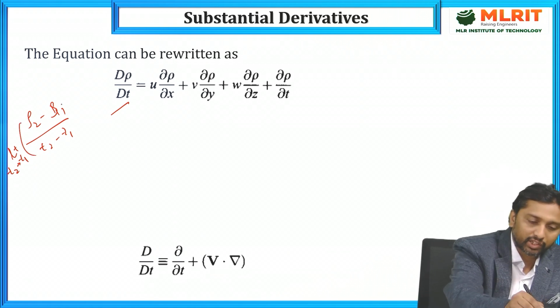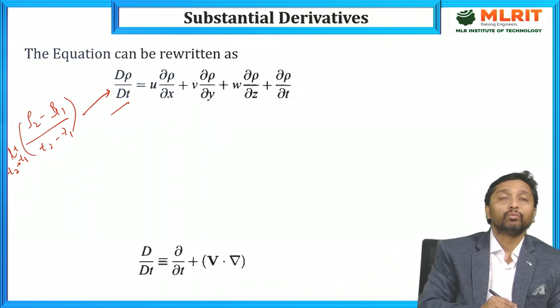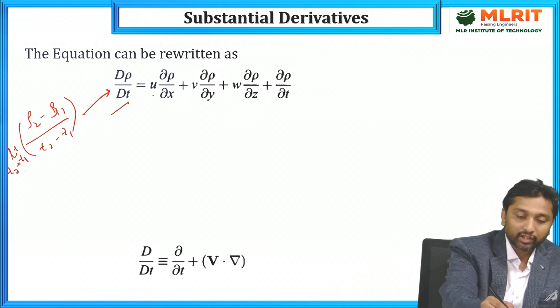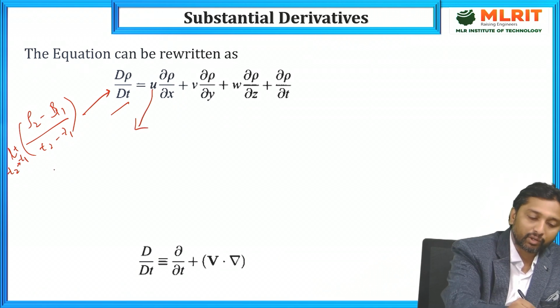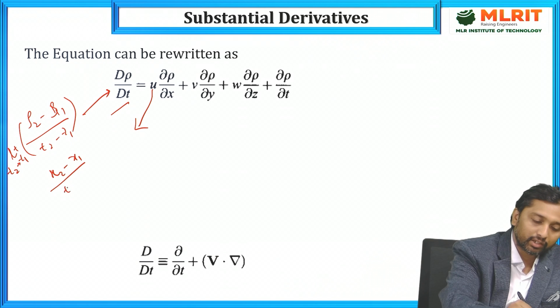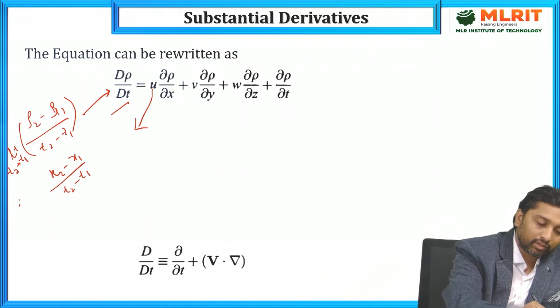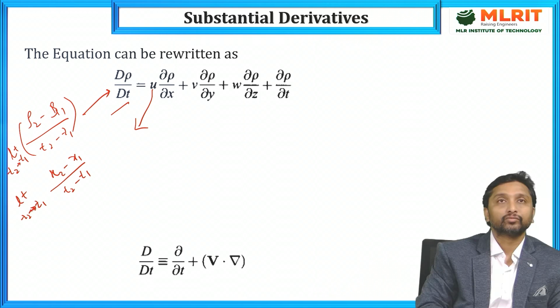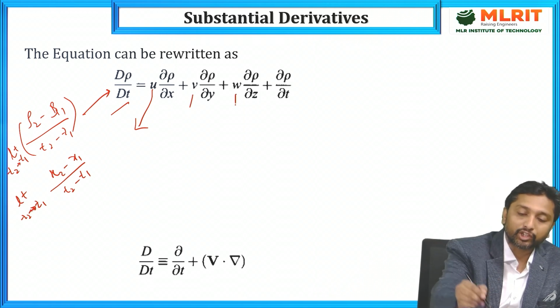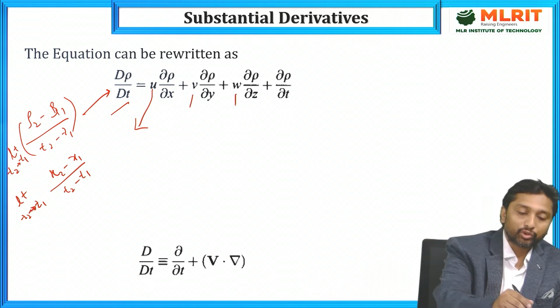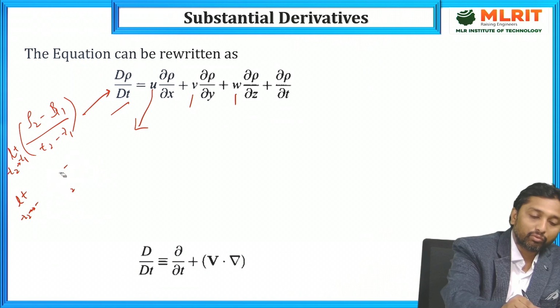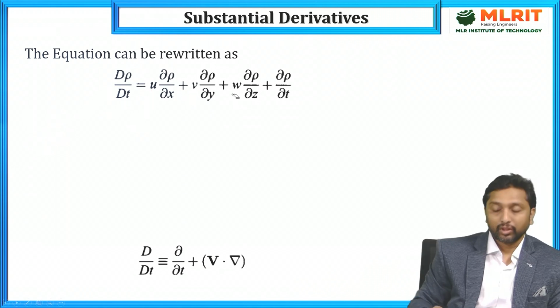In any of the cases, we can replace this with this. Similarly, for u it has been taken from x2 minus x1 by T2 minus T1 with limit T2 tends to T1. Similarly for the y and z components of velocity. So your overall equation can now be rewritten in the above mentioned form.